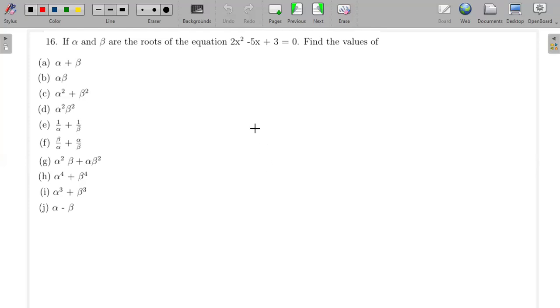All right, so the question says, if alpha and beta are the roots of this quadratic equation here, find the exact values of all these combinations of the alpha and beta roots.